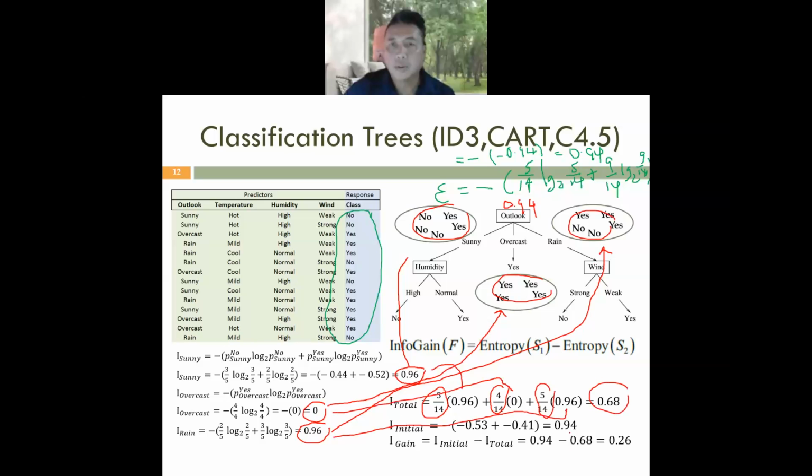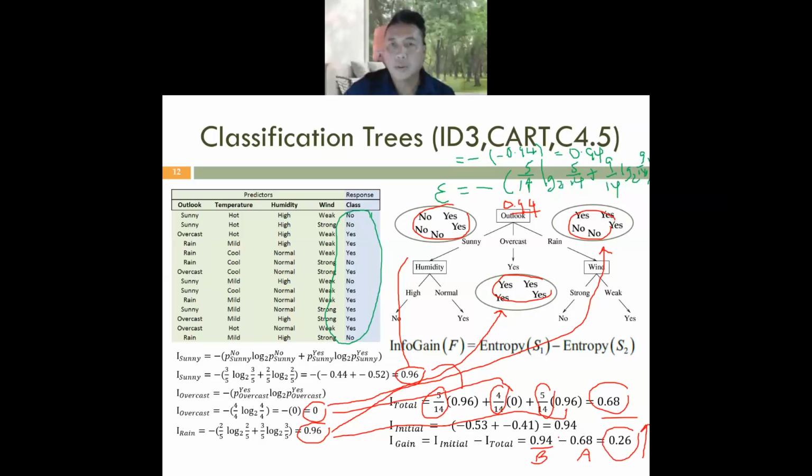So this is before and this is after. When we subtract, that is the information gain that we have. The objective is to maximize this: the higher the value, the more information we gain.